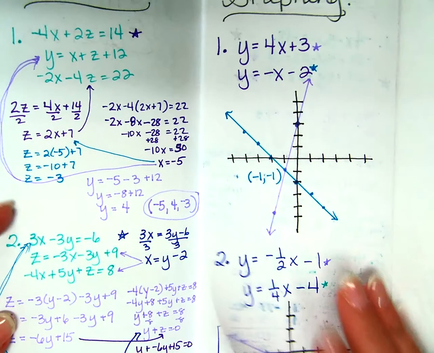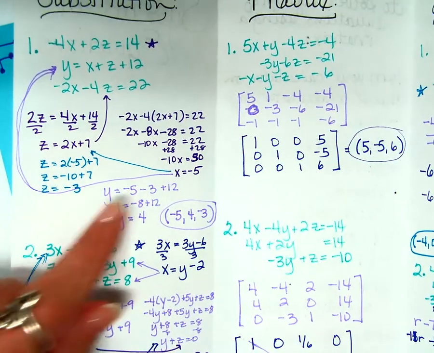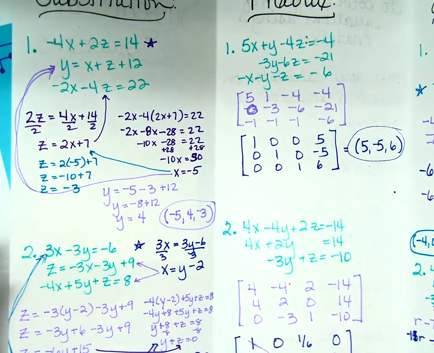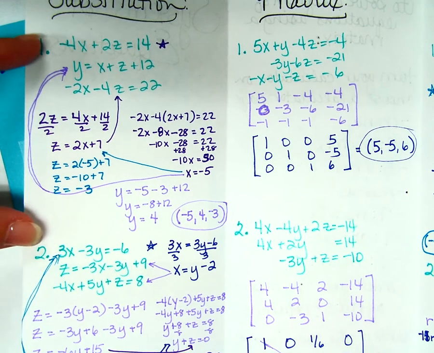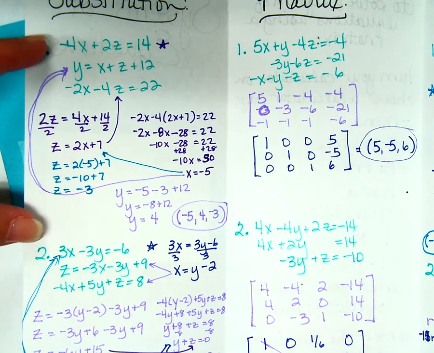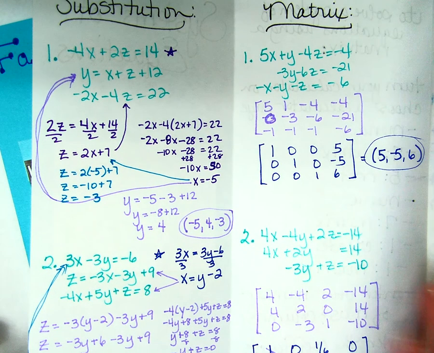This one would get a pretty good grade because, again, I took the time to use colors. I took the time to make sure everything was clear by using arrows. Because it's not even a half sheet of paper. It's like this much of a paper for a substitution problem. You're going to have to write little, aren't you? Okay.